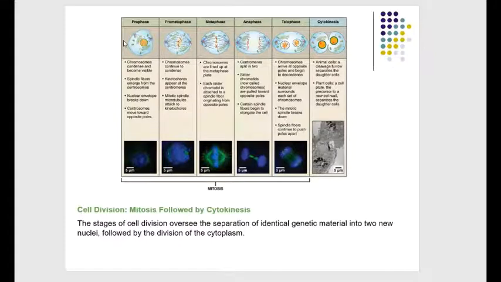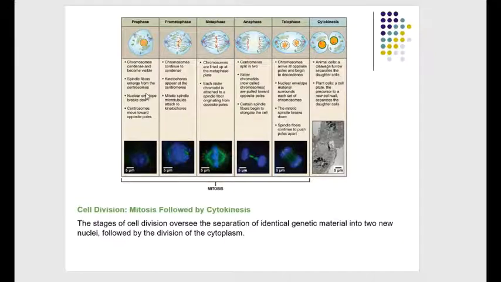So in prophase, you're going to see the condensing of the genetic material. So the genetic material goes from spaghetti-looking material in the nucleus to the dense chromosome shape, okay? You're also going to see spindle fibers emerge. These spindle fibers are going to emerge from the centrosome.